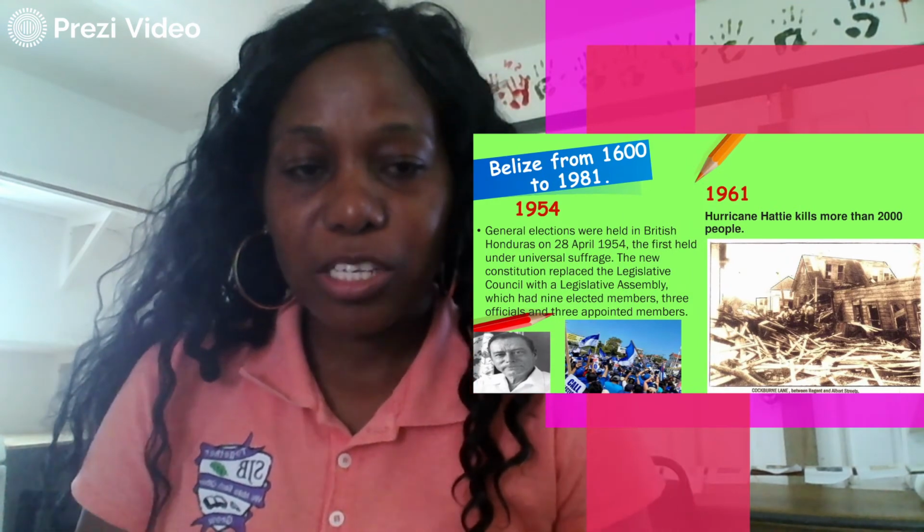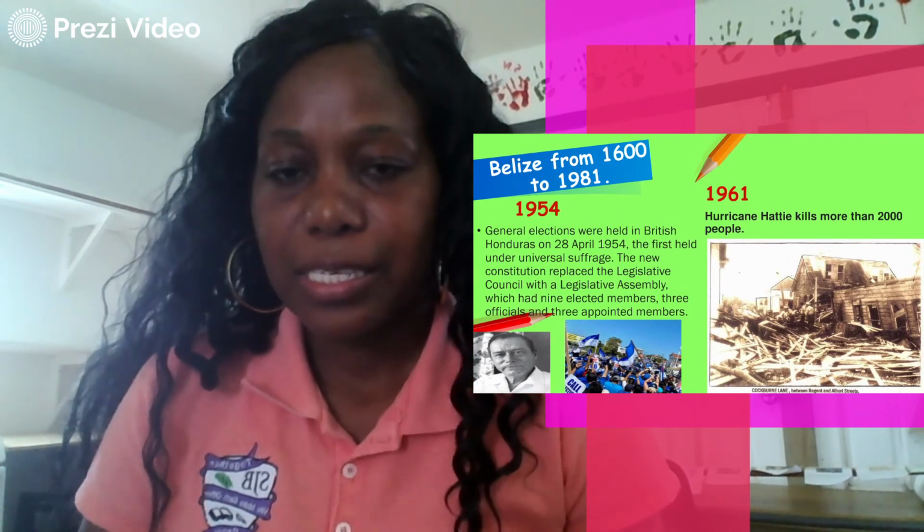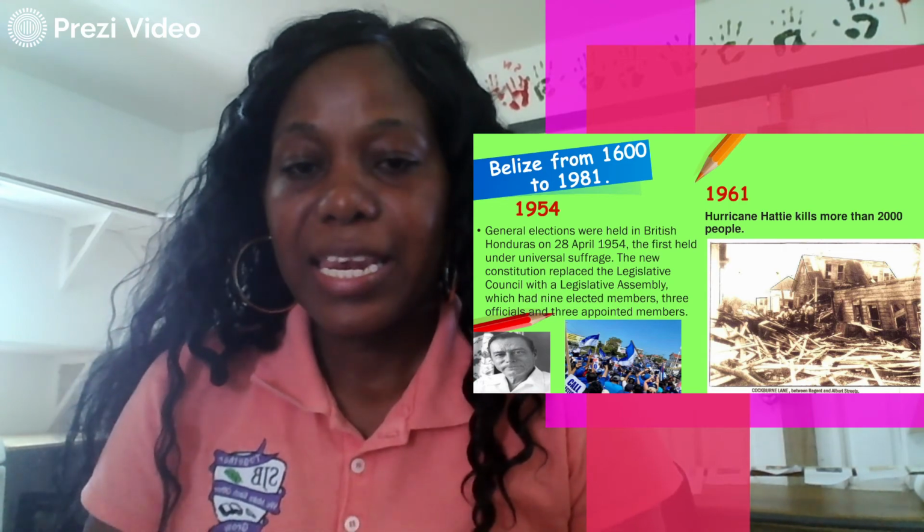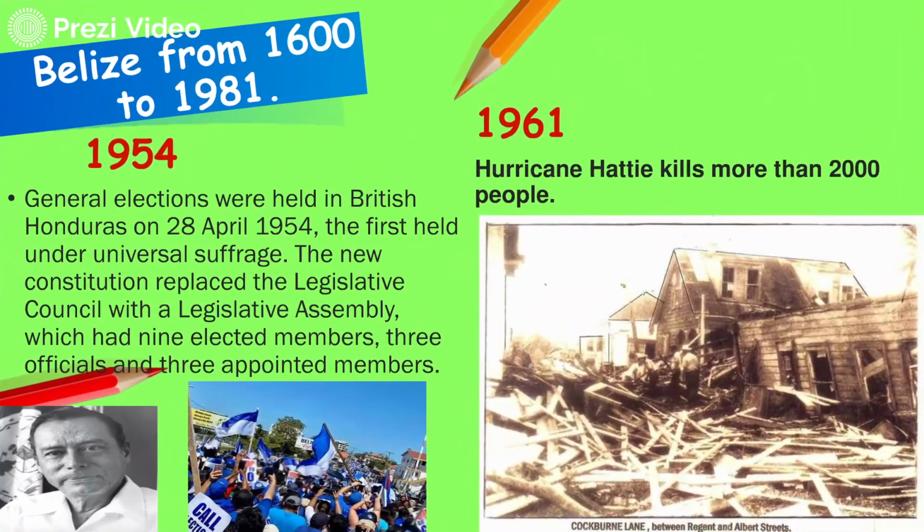Alright, let's continue with our dates. 1954. In 1954, a general election was held in British Honduras. Remember, Belize was first known as British Honduras before the name was formally changed.